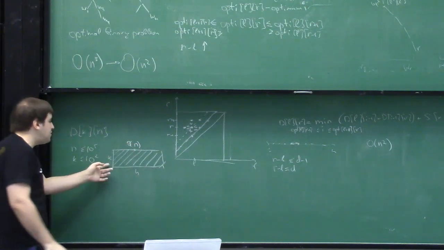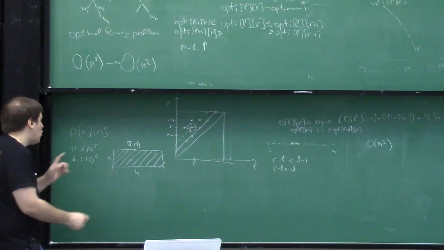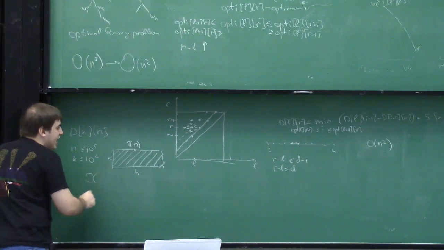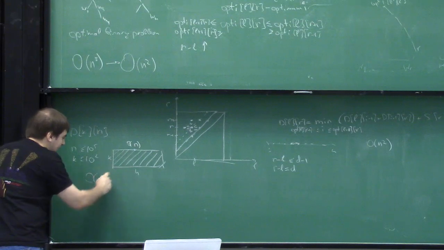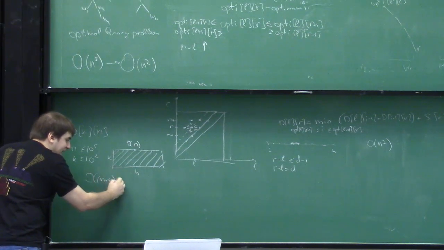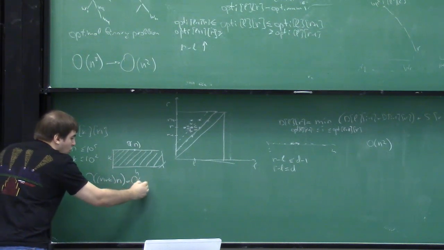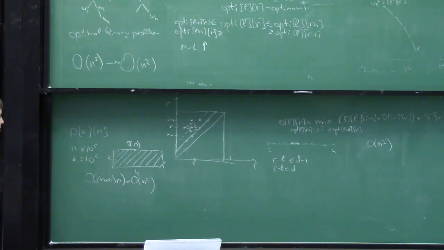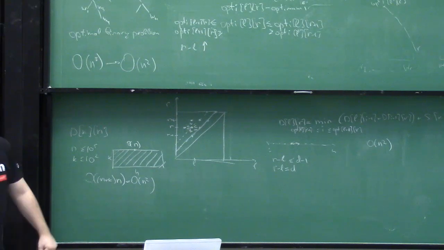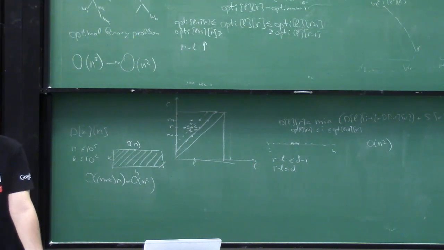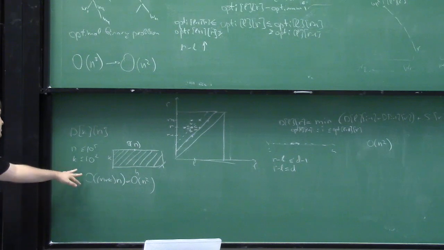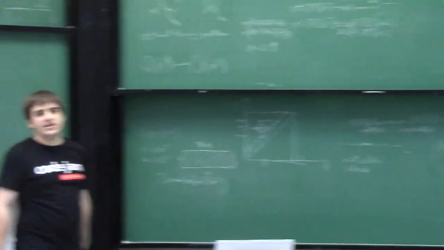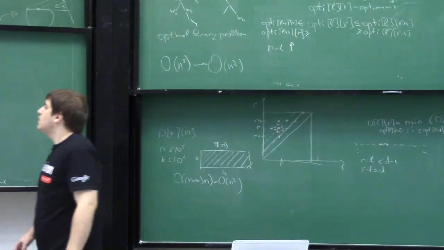Then if you have such a picture, it will not work in O of nk, it will actually work in n plus k multiplied by n. So it is actually O of n squared. Actually, the Knuth optimization does not allow you to optimize the dp that has parameters of different kinds. Be careful of that.